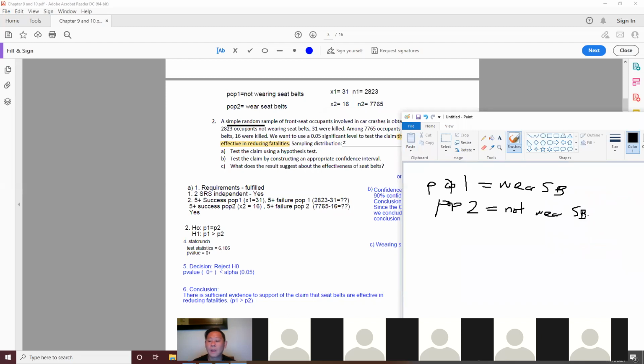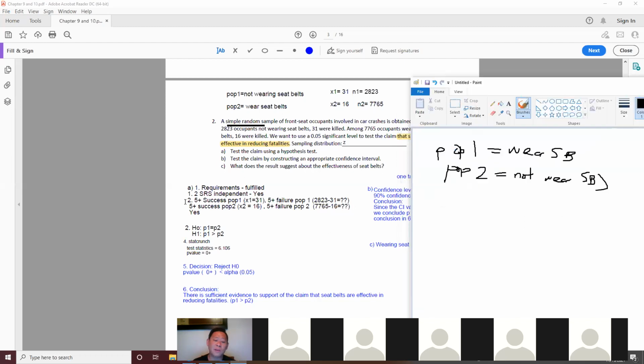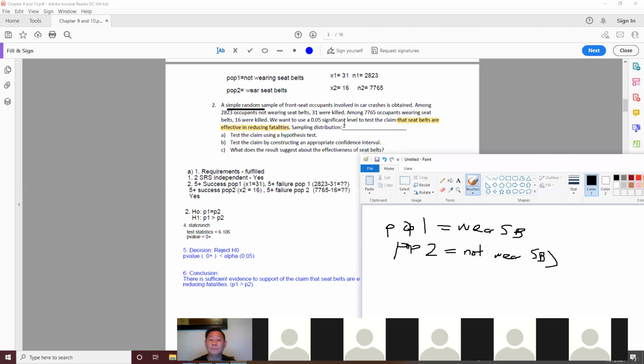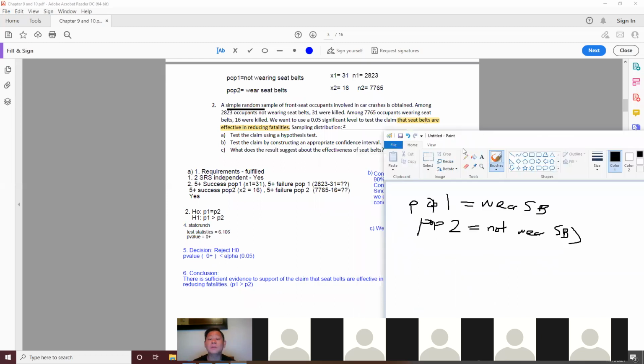You do not need to go through the requirements, just ignore them, and do the rest of it. We still use the same example, the data here, and the same claim statements.